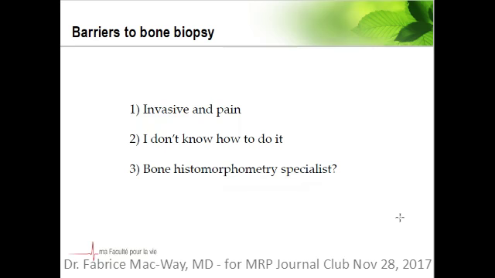I do the interpretation. We're two in Quebec who do the interpretation. Then there's another person, an endocrinologist in Montreal, who does interpretation reports. But I think the two main barriers are the first and second.